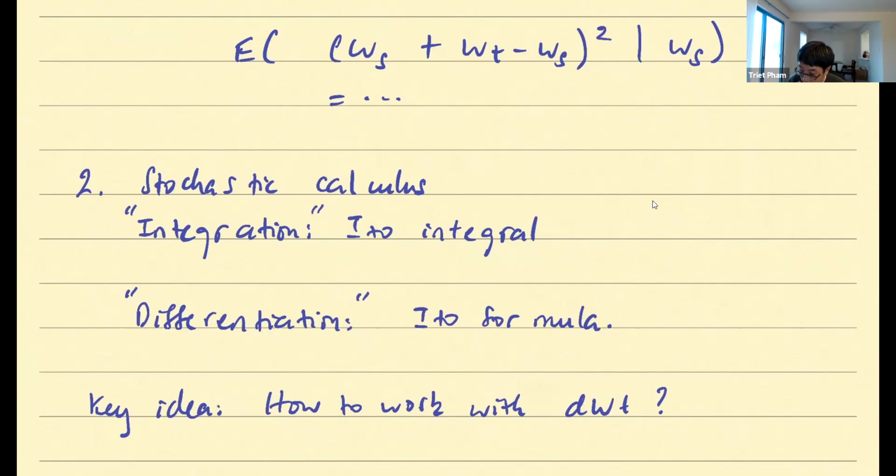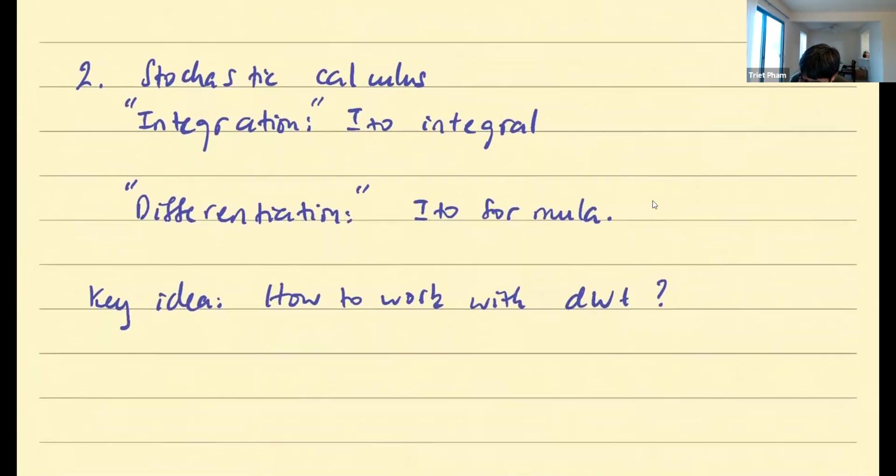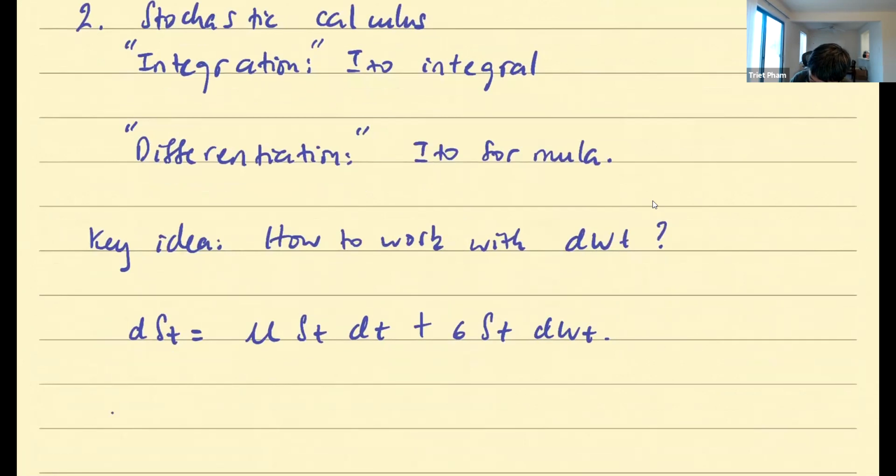So to give you an idea, for example, the Black-Scholes model is this. I want to recover ST out of this. So here, the Black-Scholes model gives me the differential in the stock price.